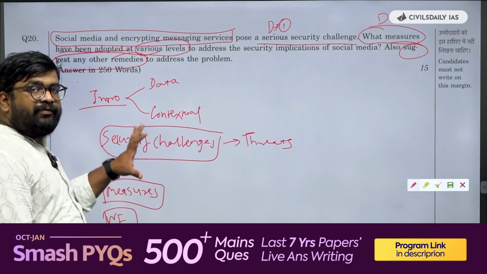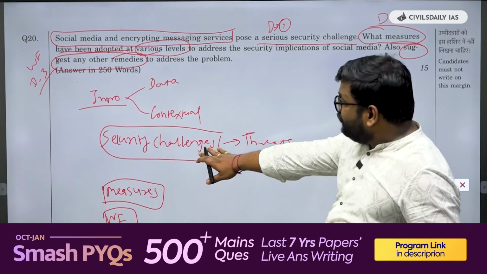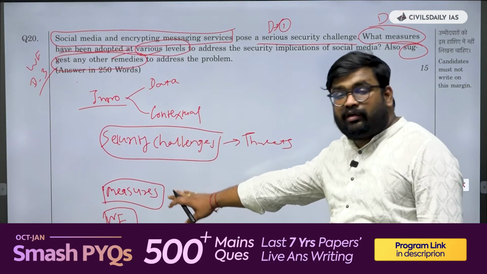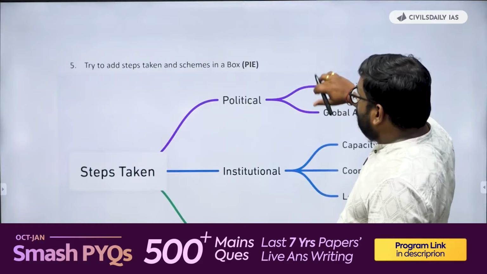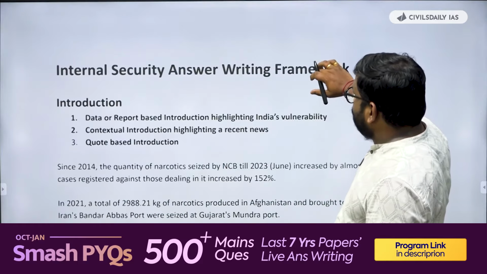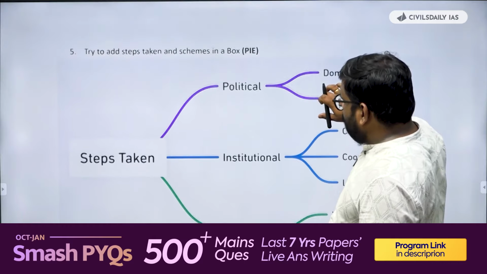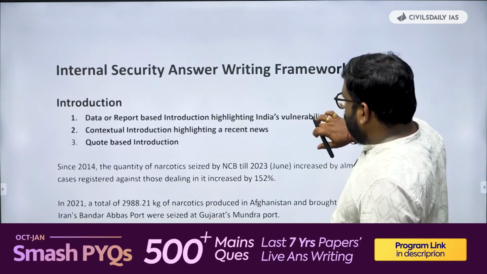Now if you apply the framework that we have discussed, the first demand is the security challenges, second, measures taken, and third, way forward. So now coming to our framework, what are these?